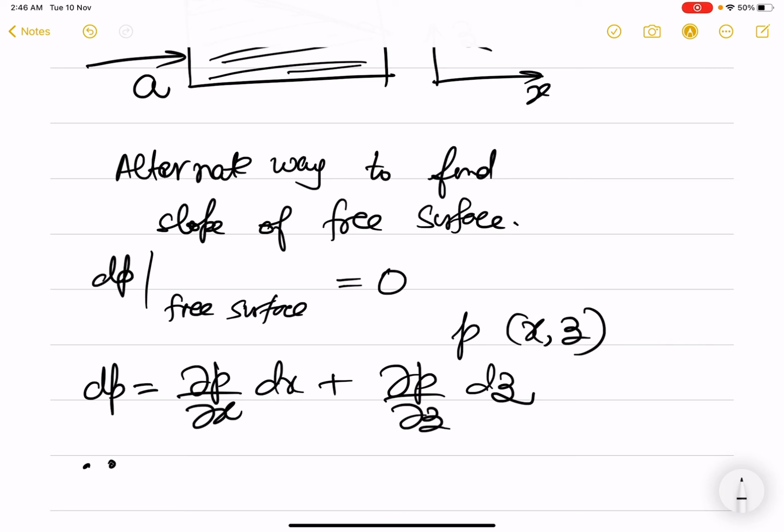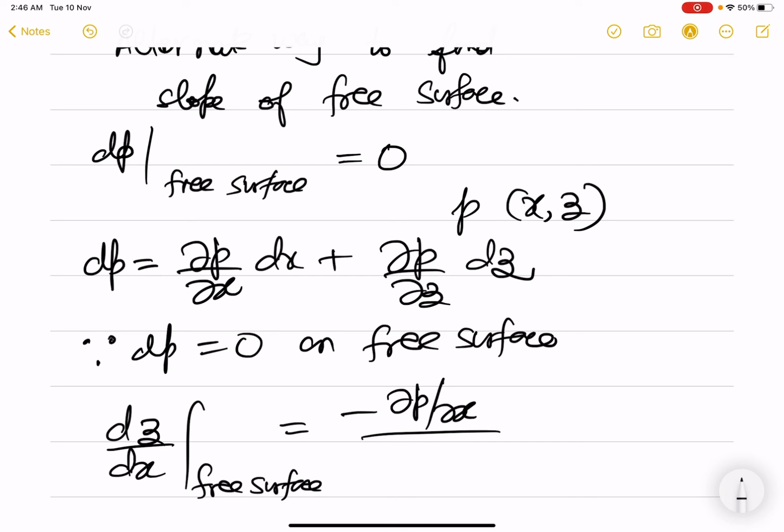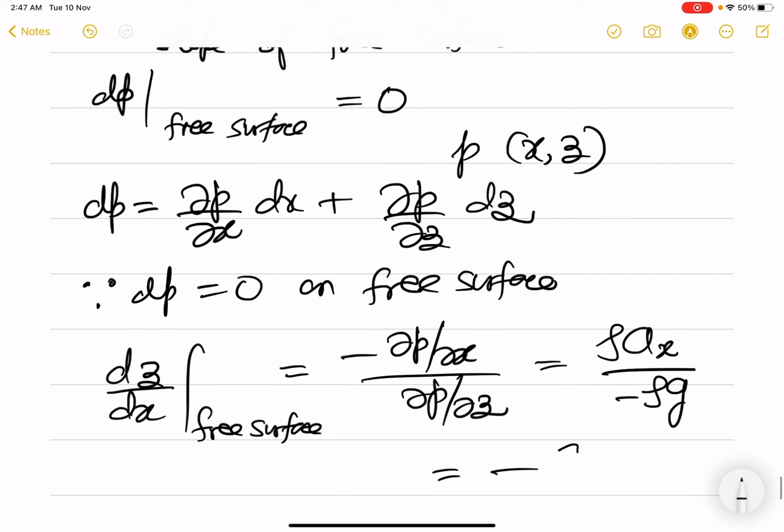Now because dp is equal to 0 on the free surface, from here we'll get dz by dx on the free surface is equal to minus dp by dx divided by dp by dz, and this gives us rho times ax by minus rho g. So this will be equal to minus ax by g, the same result which we got earlier. So this is the case when we have linear surfaces.